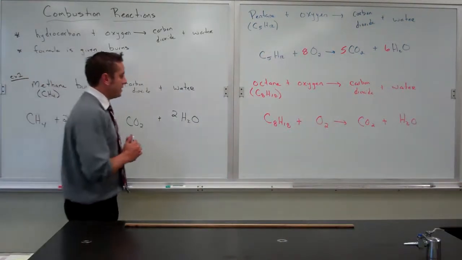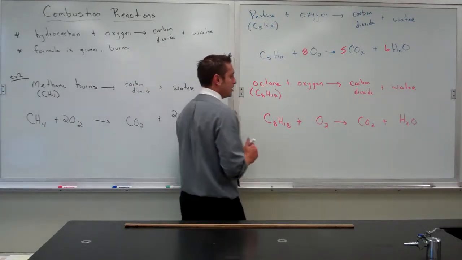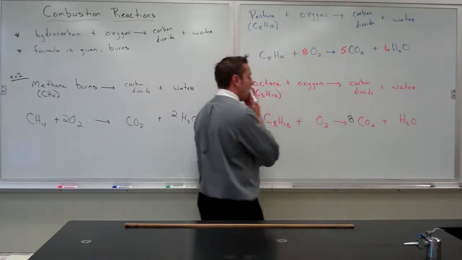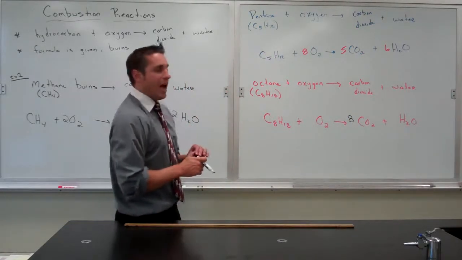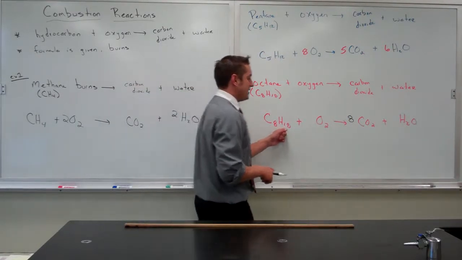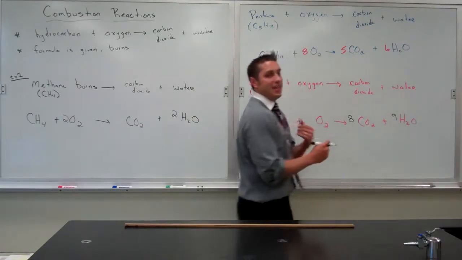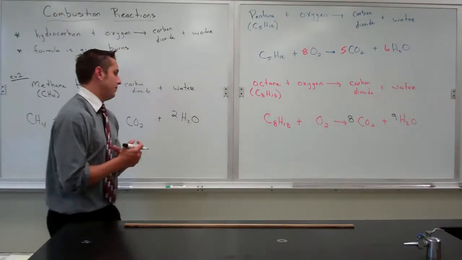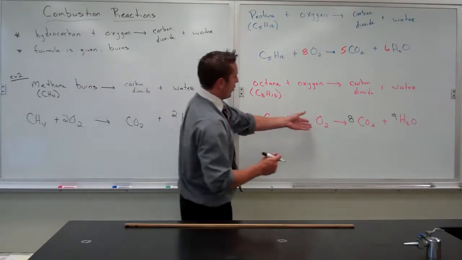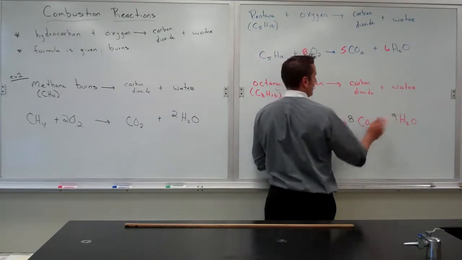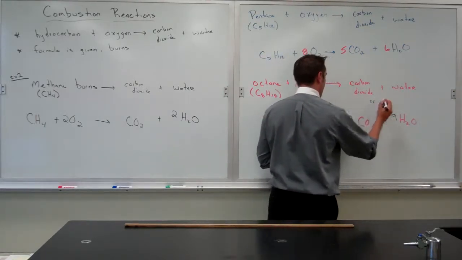Now I just want to balance this. I see 8 carbons on the left, 1 on the right, so we put an 8 here. Carbon is good. Then we move to hydrogen, second to last. 18 on the left, 2 on the right, so we have to put a 9 there, because 9 times the 2 is 18. Now we have oxygens, only 2 on the left. On the right, I have 16 plus 9, so I have 25.